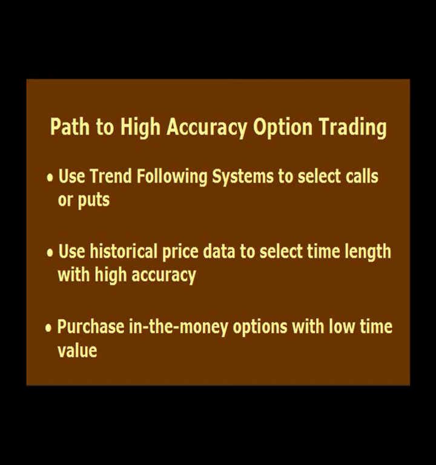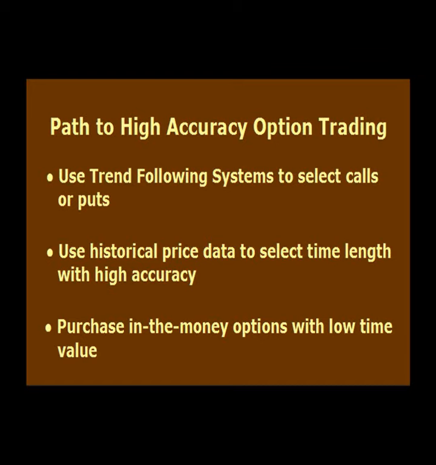We will focus on selecting an option's time length or expiration date in this video. After selecting the time length of an option, we must then select a strike price. We will focus on strike price selection in our next video, which is part 2 of high accuracy options trading.